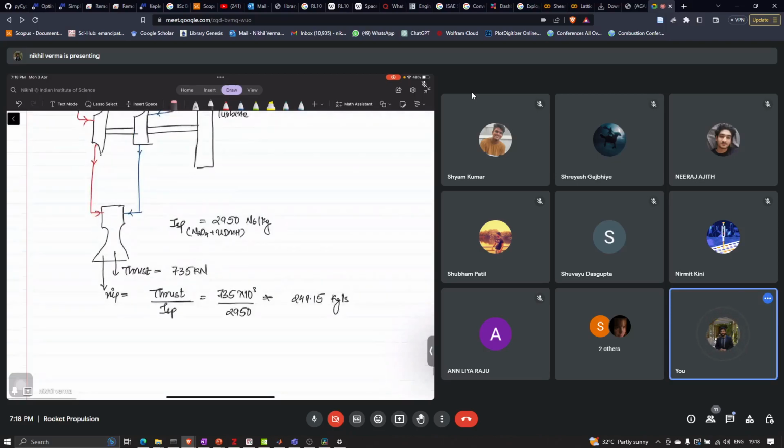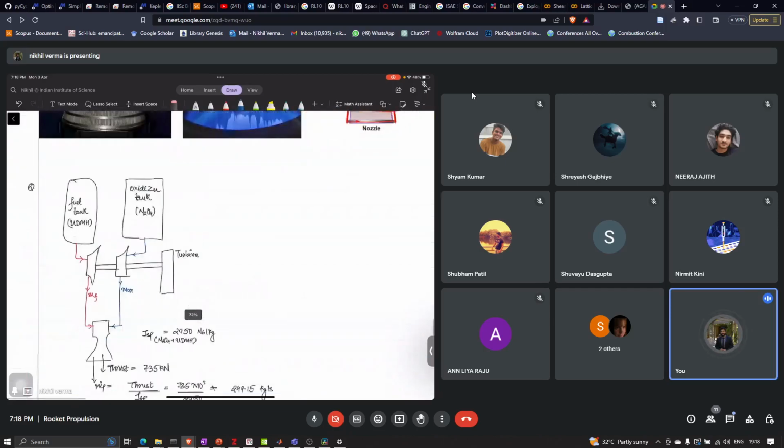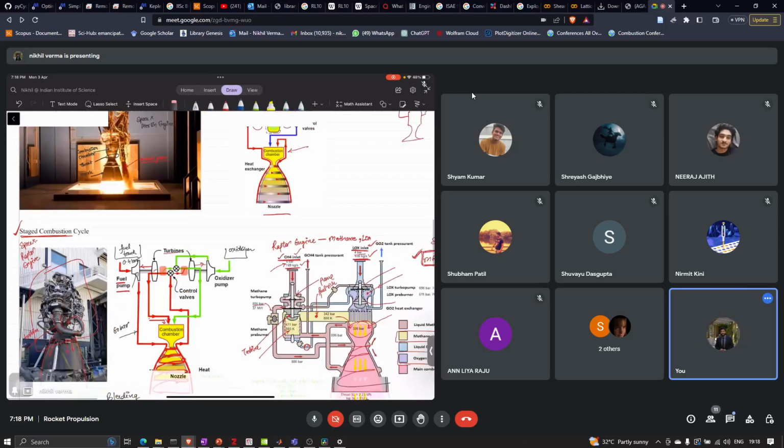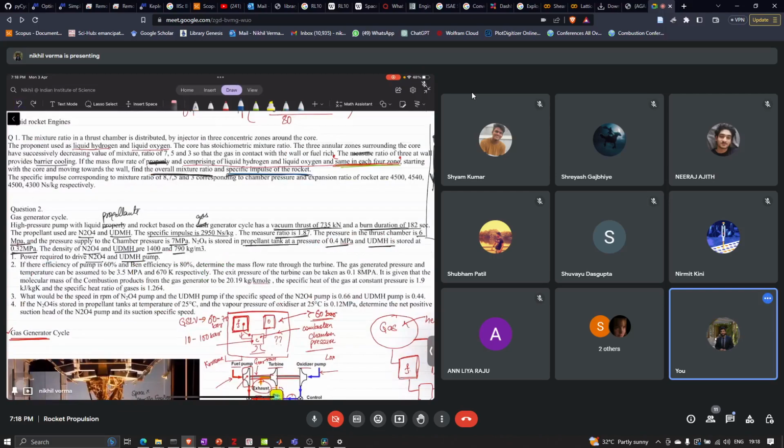So can you calculate the individual mass flow rate of the fuel and the mass flow rate of the oxidizer? Can you calculate this? This is the problem which we have. Can you calculate based on what we have right now?